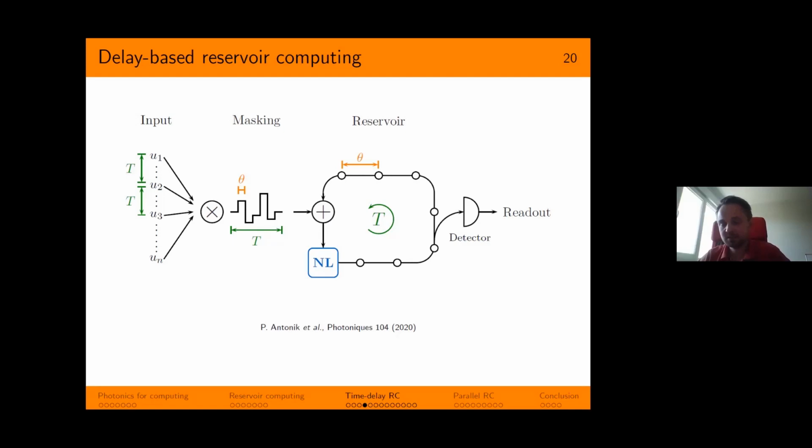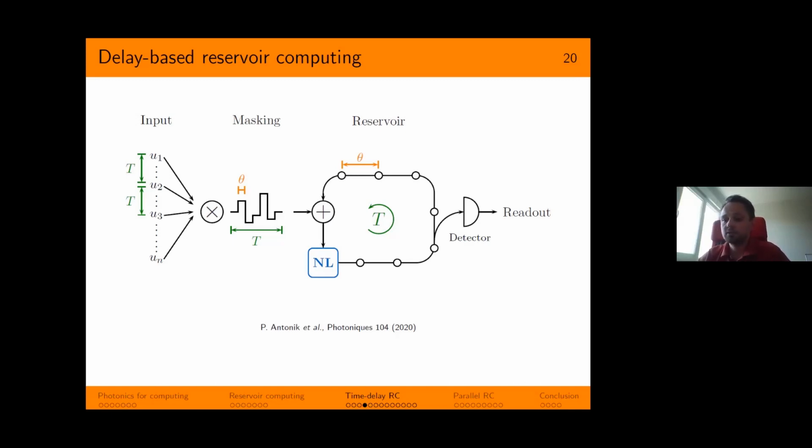But it still isn't sufficient to get a recurrent neural network, because here we have all the nodes that are independent. So it's not really a network, it's just a bunch of nonlinear elements that form a group. But we want a network that is connected. And for this, two solutions have been proposed.